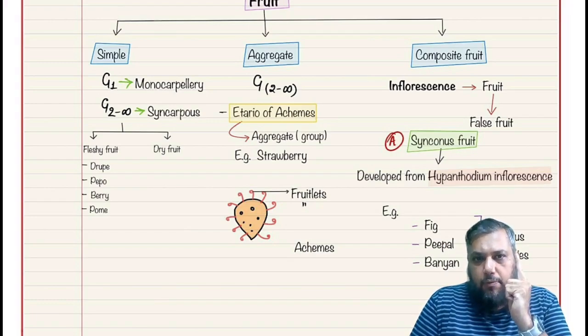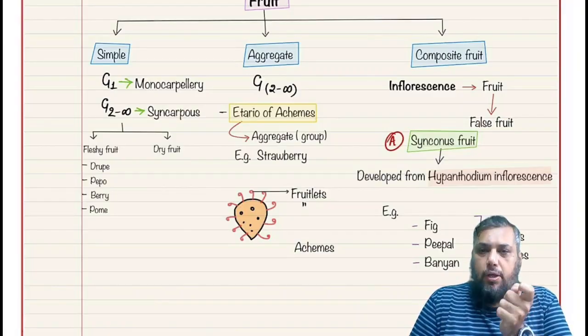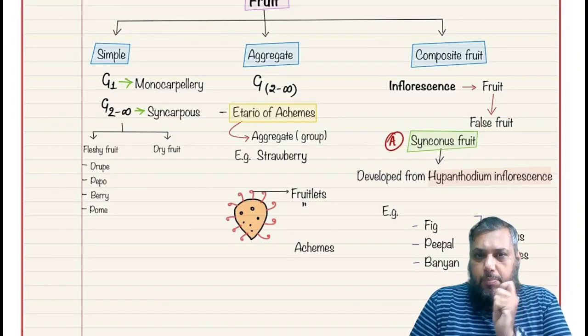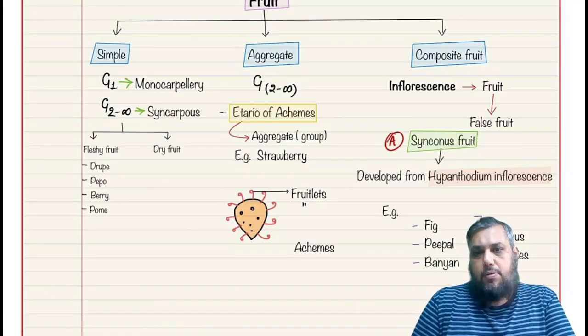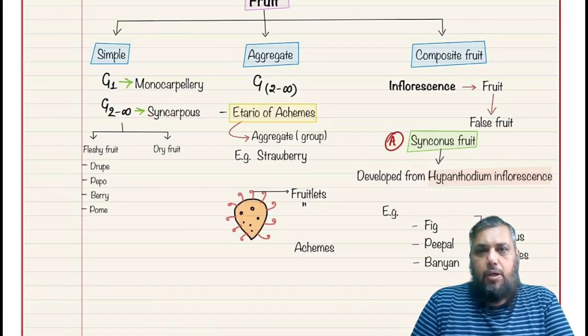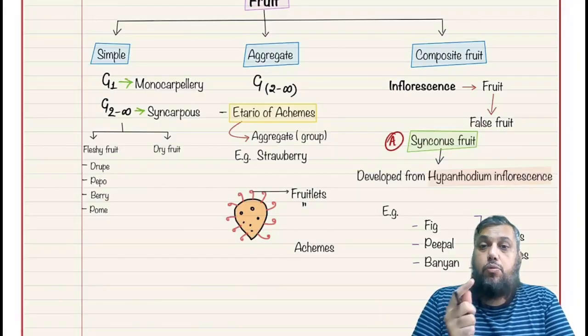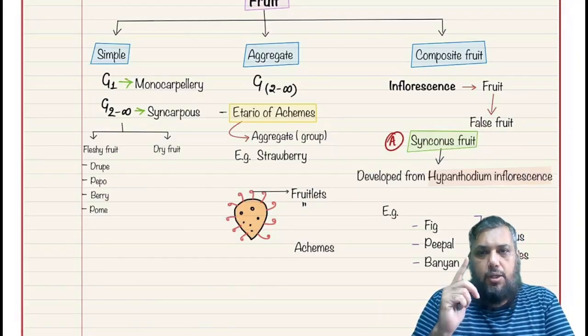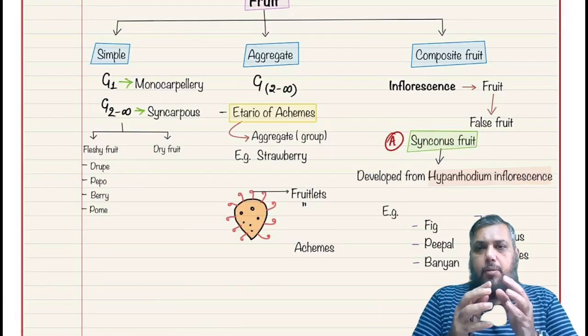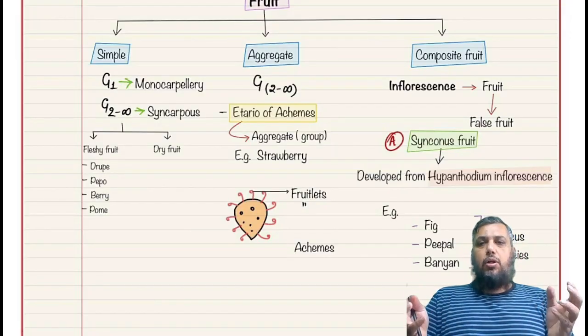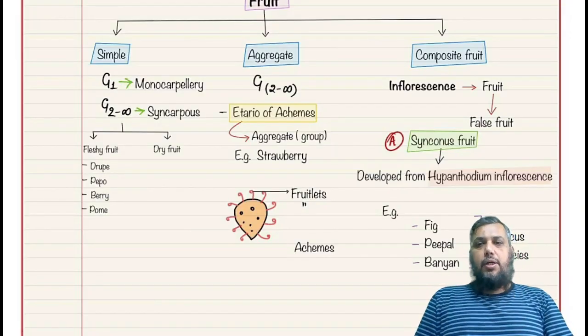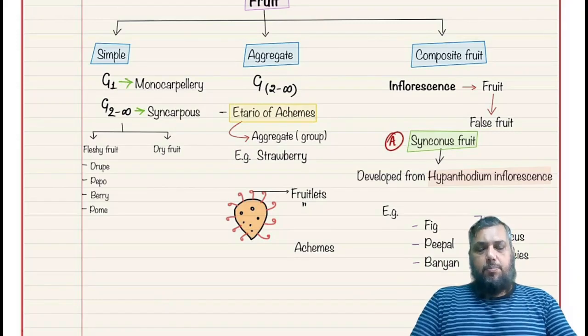Monocarpellary, मतलब only one carpel. Or else, if it is multicarpellary, it is going to be syncarpous. मतलब ये जो फ्रूट फॉर्म होगा सिंपल फ्रूट, उसका जो फ्लावर था उसके अंदर या तो एक ही कार्पेल था या बहुत सारे कार्पेल्स थे, but all the carpels got fused. So that condition is called as a syncarpous condition.